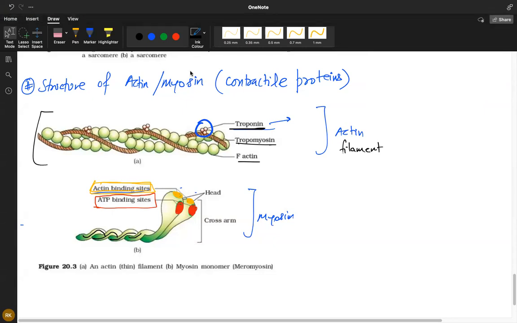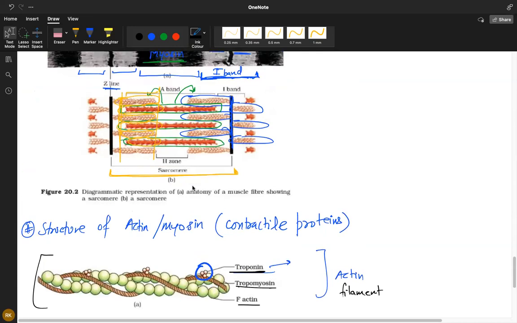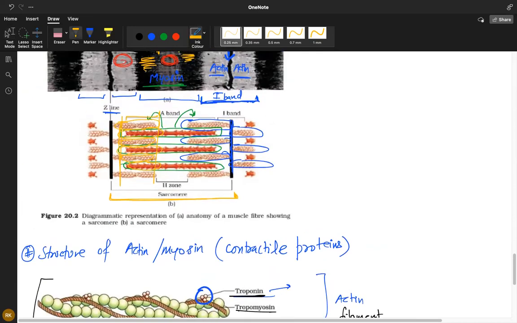Here, this red one is myosin, it is still there, and this is actin, it is also still there. They are unbound, but they are present in the muscle. So the banding is because of the presence.